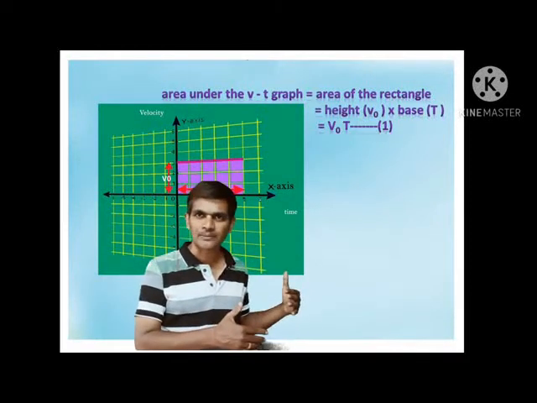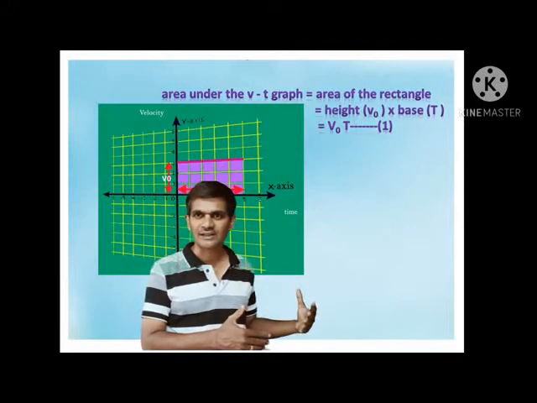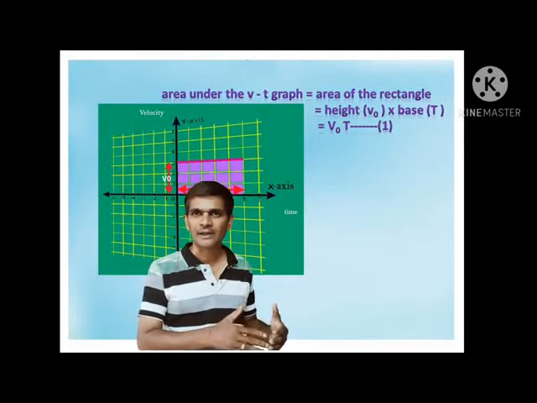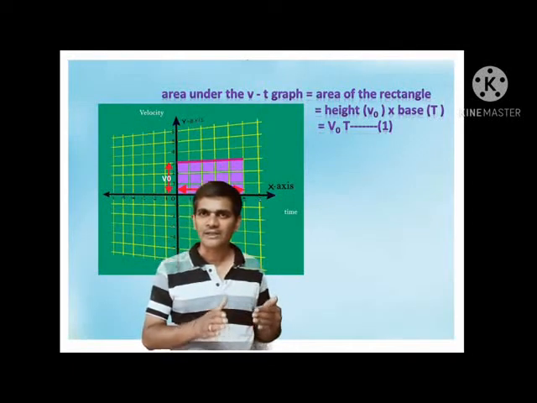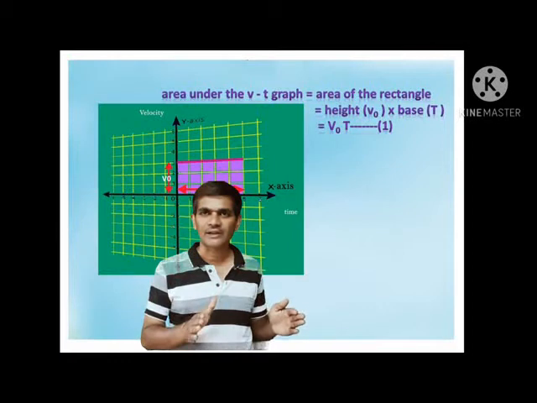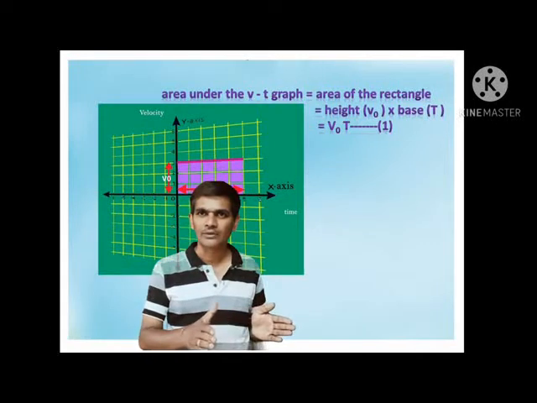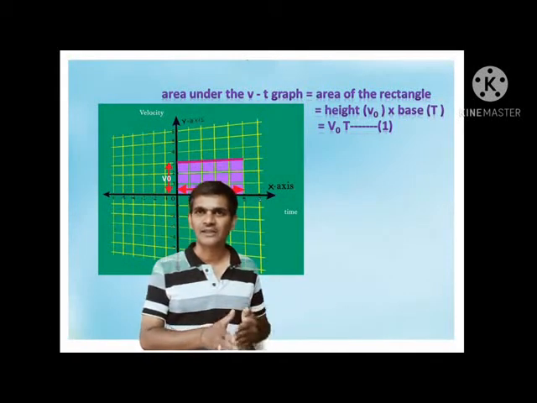The shaded portion shows the area under this graph, and that rectangle has base t and height v0. You know that the area of a rectangle is equal to base into height, the length multiplied by the breadth gives the area.